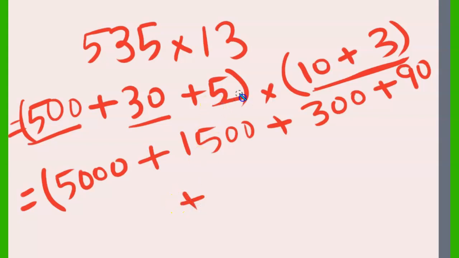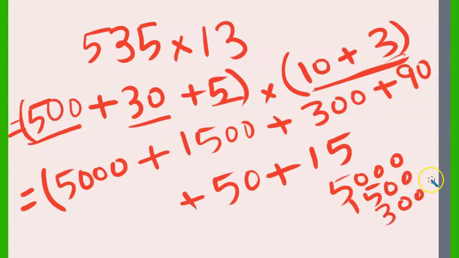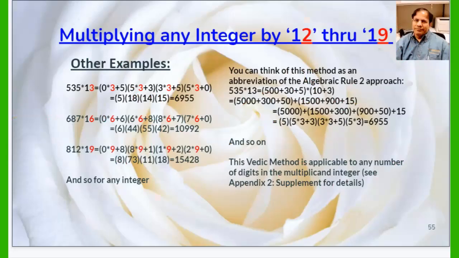And then we take 5 inside this number. So we get 50 plus 15. And so if you add up, you can see that 5000 plus 1500 plus 300 plus 90 plus 50 and then 15. So if we add up, we will end up with 6900. So that's what I wrote here.